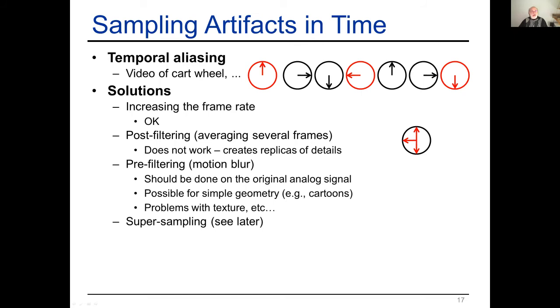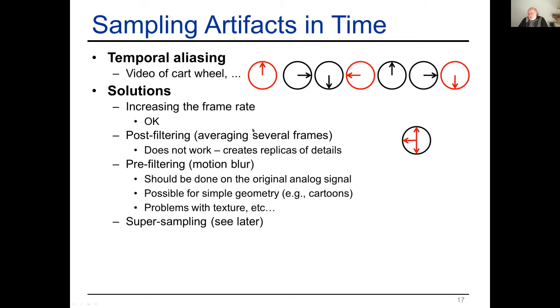So let's have this artificial wheel here. This turns clockwise, but if I sample this rotation at too low a frequency, so too few frames per second, I just happen to catch it in a position that, if you take the red copies here and put them together, it appears to turn backwards. And that's exactly a temporal aliasing artifact that you're dealing with here.